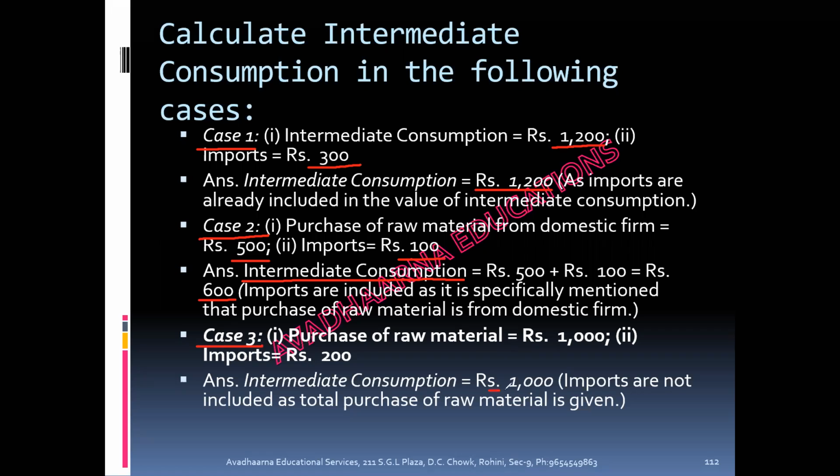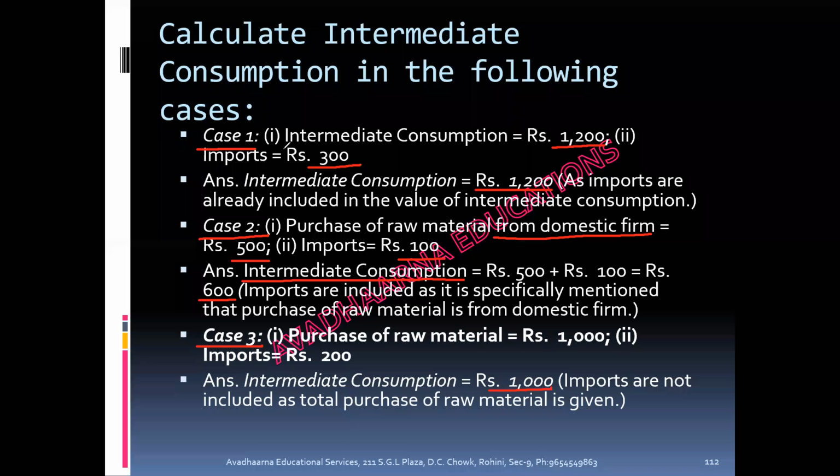Now ₹1000, imports are not included in the total purchases of the raw material is given. अगर बेटा मुझे सिर्फ दिया हुआ है purchase of raw material 1000, फाइन, मुझे दिया हुआ है purchase of raw material और from domestic firms नहीं लिखा, इसका मतलब कि ये इंटरमीडिएट कंजम्पशन ही है और इस 1000 के अंदर 200 इंक्लूडेड है. I hope that the difference is clear. विद द हेल्प ऑफ दीज 3 केसेस इंटरमीडिएट कंजम्पशन हम कैसे कंसिडर करते हैं.